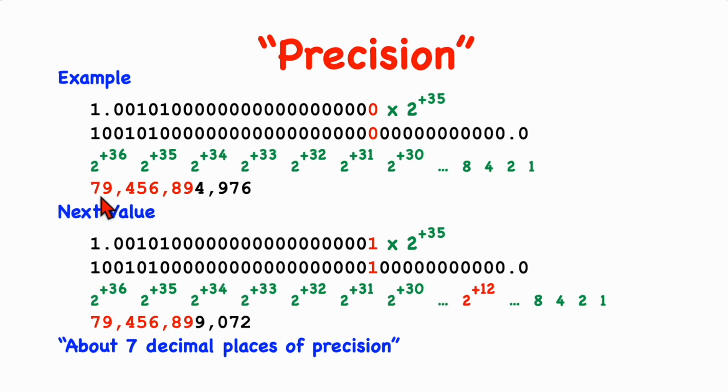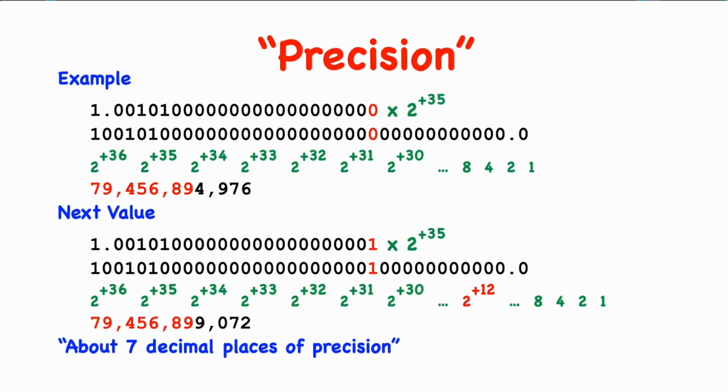But we see that these two values have the same first 7 digits when represented in decimal. So it's often said that with single precision floating point numbers, we have about 7 decimal places of precision. Okay, so that's a useful thing to keep in mind. About 7 decimal places of precision with single precision floating point numbers.